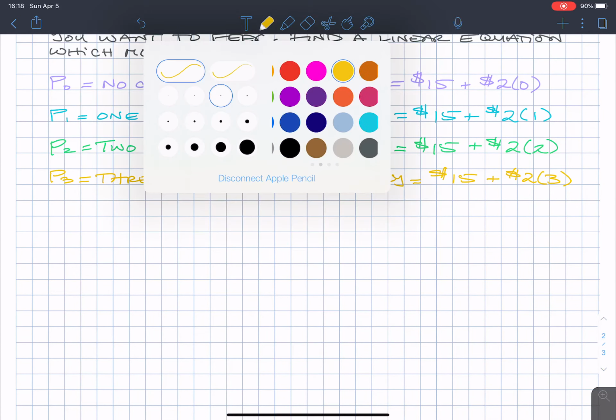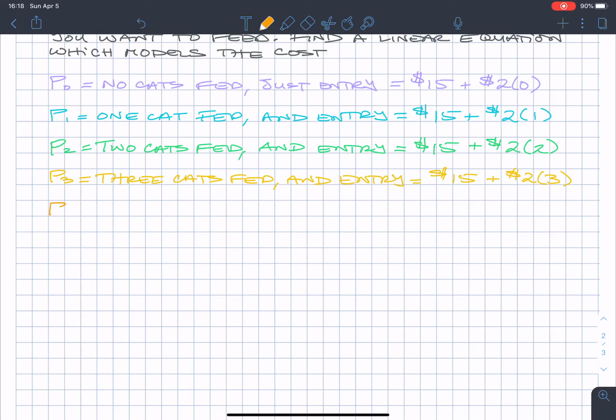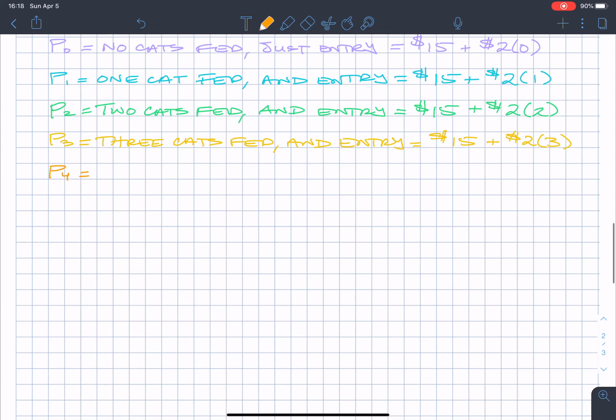Let's do one more for good measure. So P sub 4 would be 4 cats fed and entry. So that should be $15 plus $2 times 4 cats.